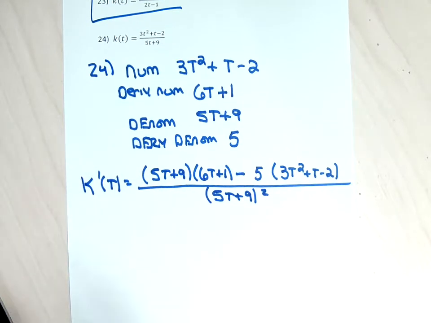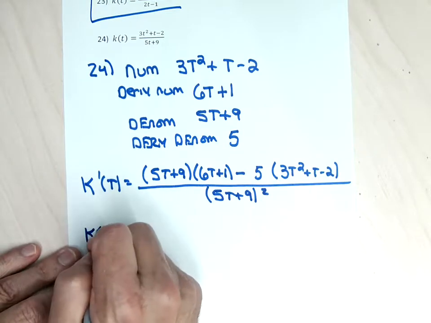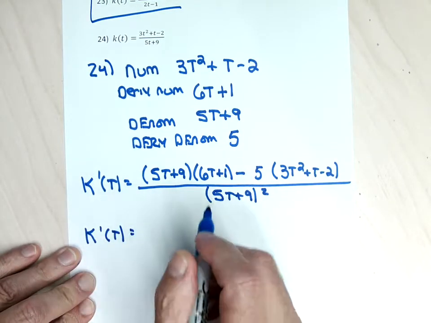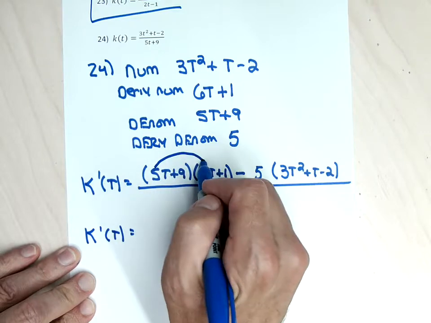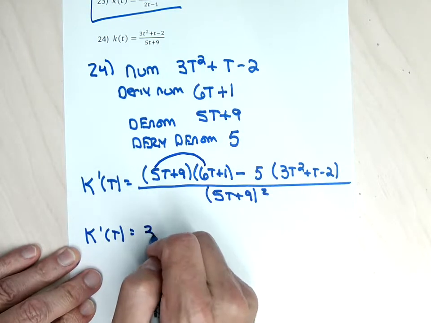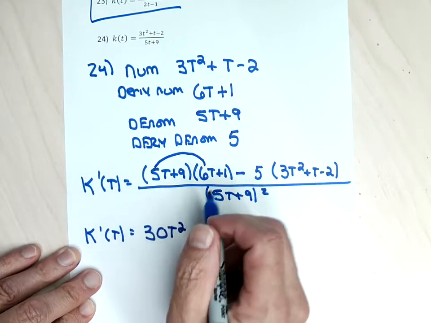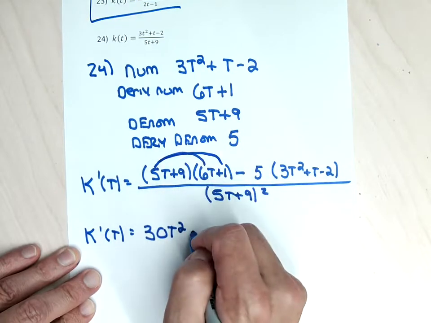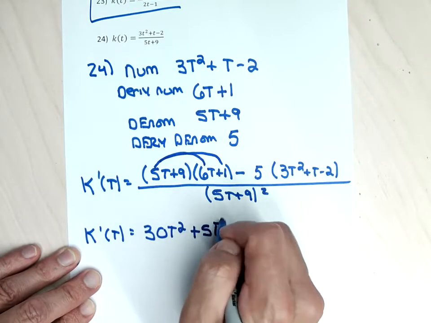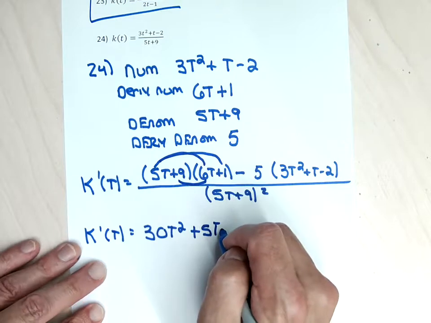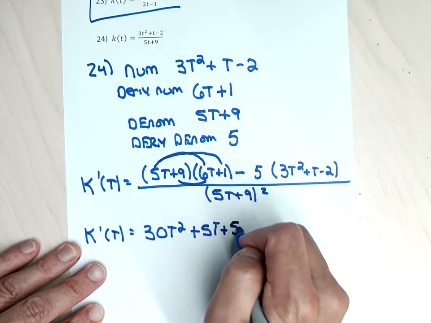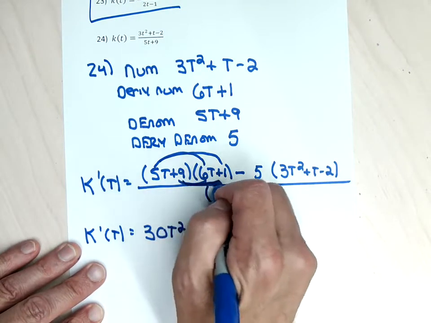So cleaning up the numerator, k prime of t equals, to FOIL: 5t times 6t is 30t squared. 5t times 1 is plus 5t. 9 times 6t is plus 54t. 9 times 1 is plus 9.